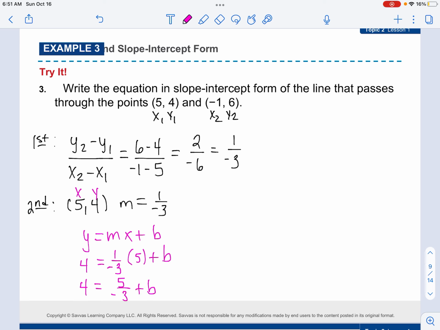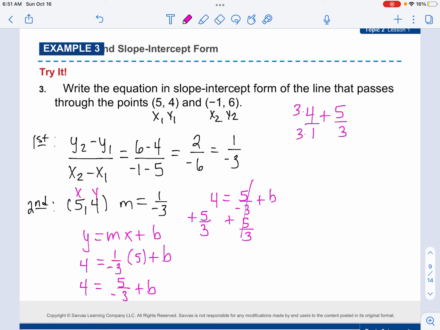So this is what we have. I am going to add. That's the inverse. So 4 plus 5 over 3 is our y-intercept.